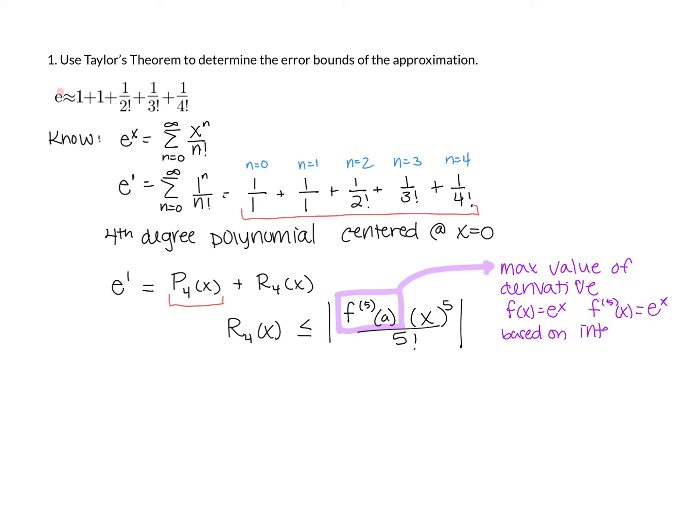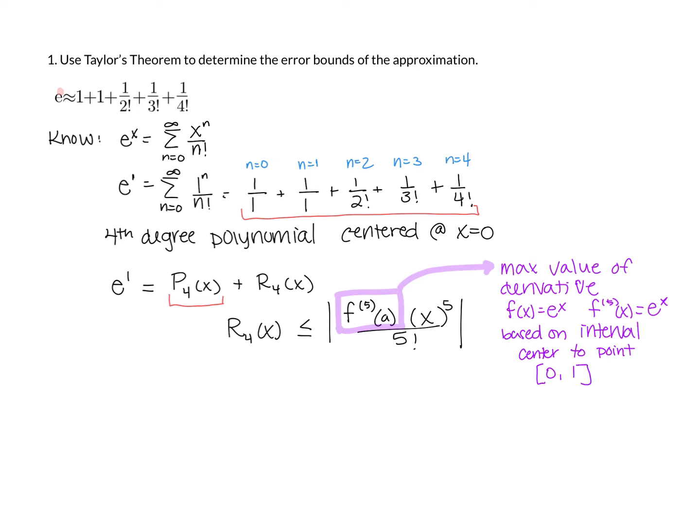So our interval is what? Well, remember we said if we don't know our interval, then the interval has to go from the center to the point, or from the point to the center, depending on which order it is. In our case, our center is 0, and our point that we're concerned about is 1.